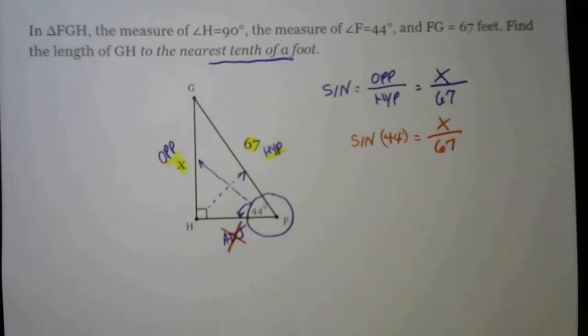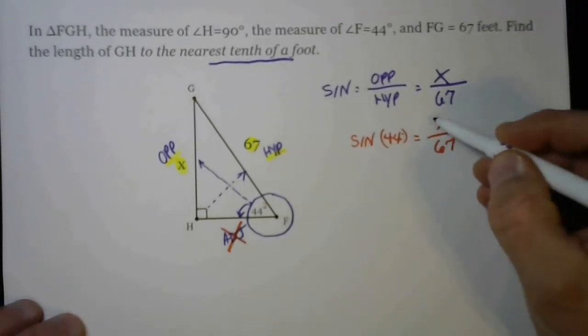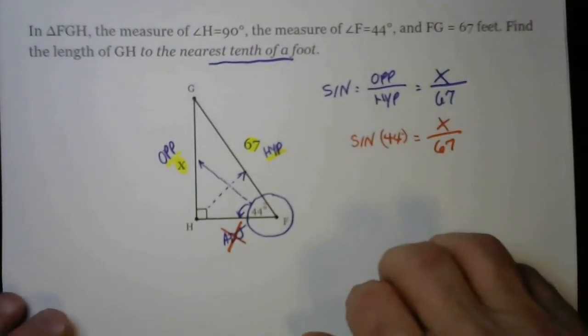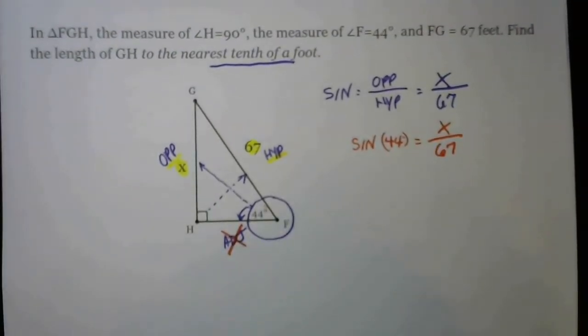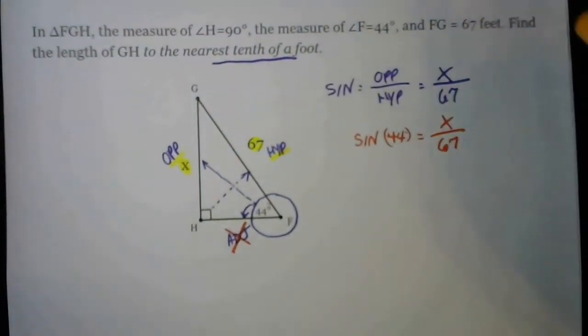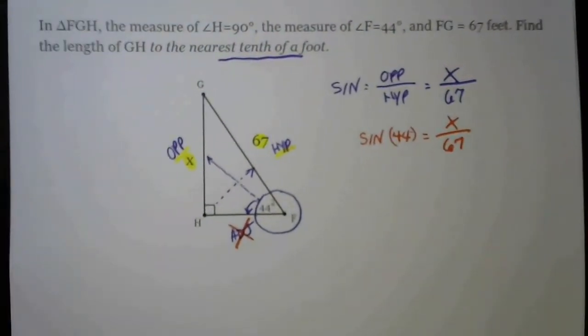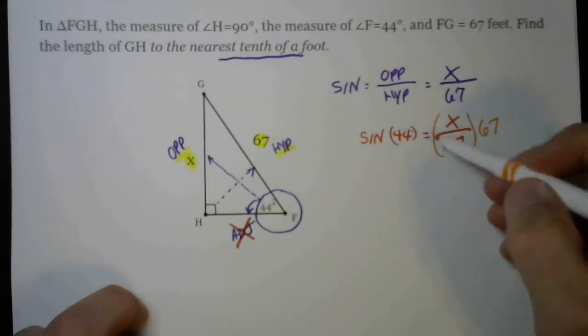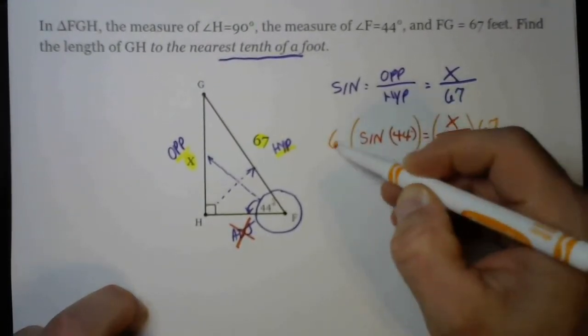I want to get x by itself. How do I do that? Well, I'm going to multiply both sides by this denominator to get rid of my fraction.